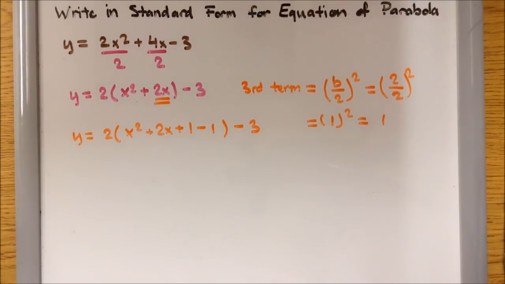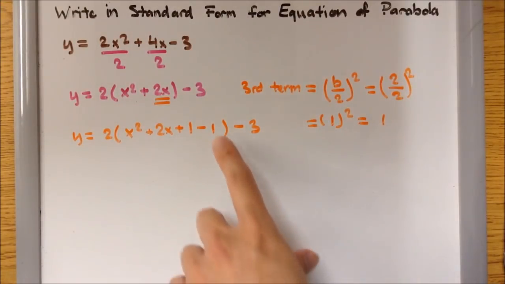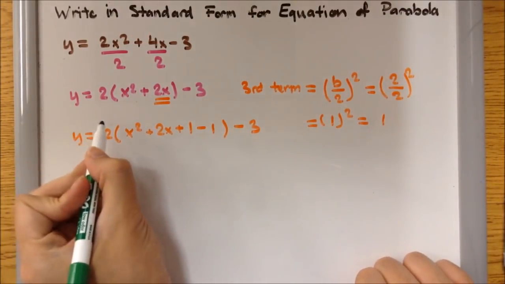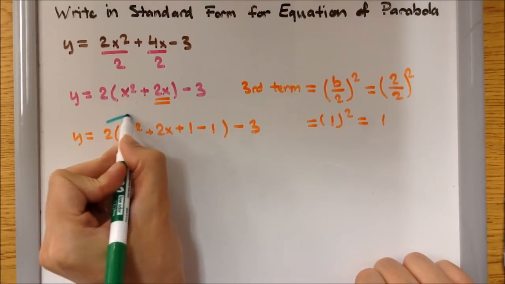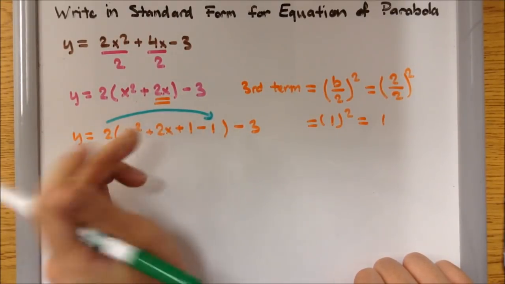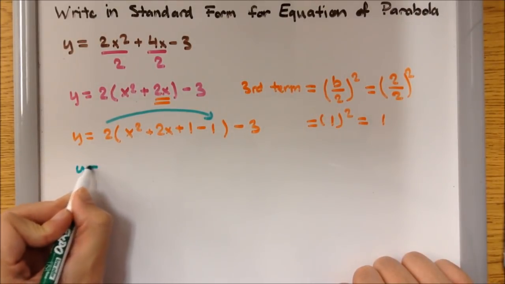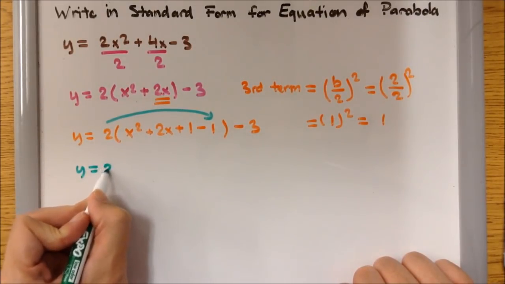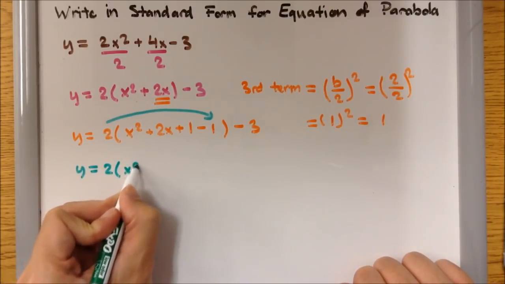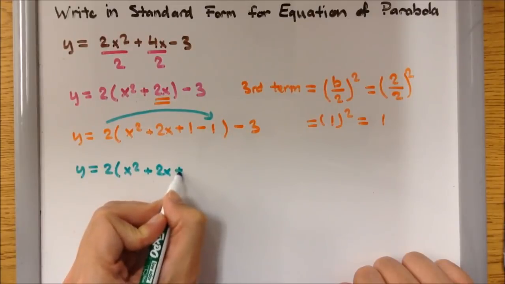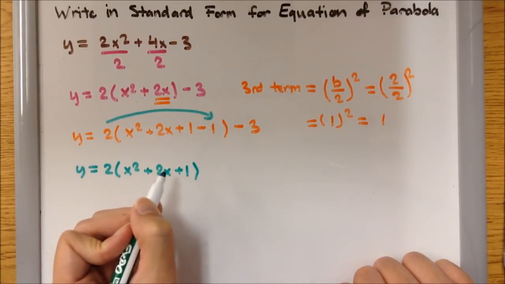So what I'm going to do next is bring out this negative 1 on the outside. But before I can do that, I'm going to distribute this 2 to that negative 1 only. So it's going to be y equals 2 times x squared plus 2x plus 1, close parenthesis.